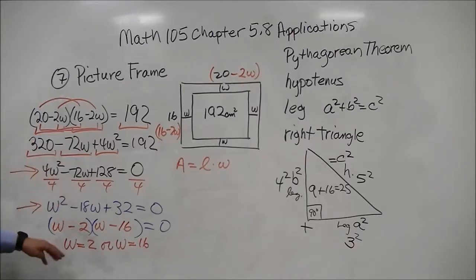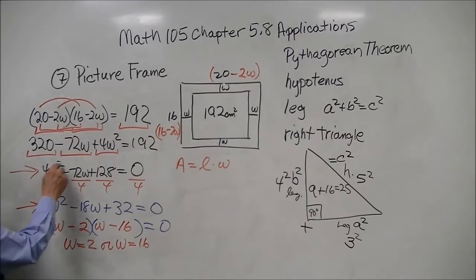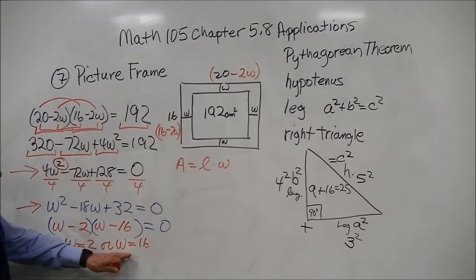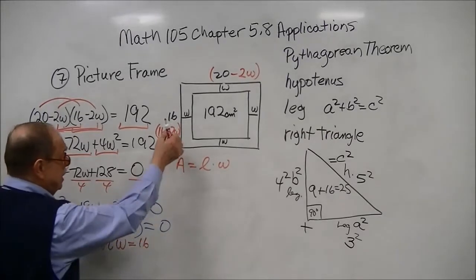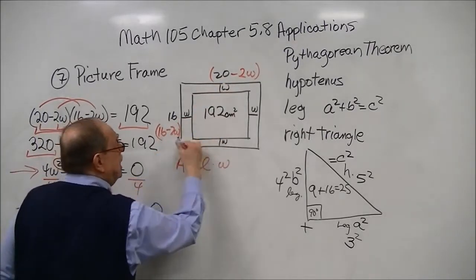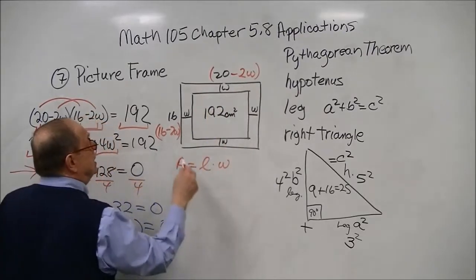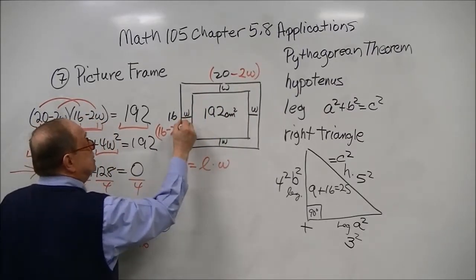Now, whenever you do a word problem, and this is to the second degree, we're going to get two answers. But we have to then look at the answers and say, does it make sense? Could this width of that little frame that we've put on top be 16 inches?